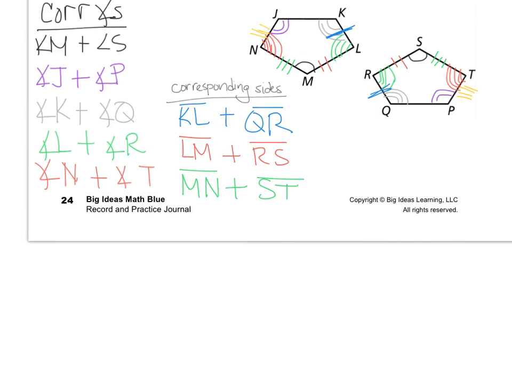So I said TP first, but I'm going to put NJ in this column first because everything's been dealing with the pentagon to the left side. So let's write NJ and TP. And if you need to figure out which one goes first, if I started with N, the corresponding angle is T. So NJ, TP.